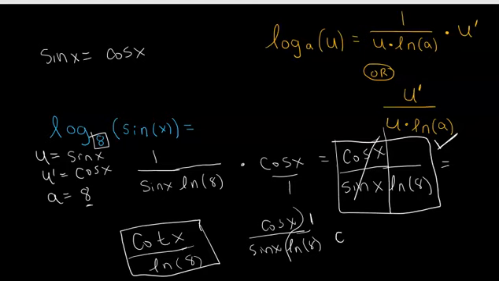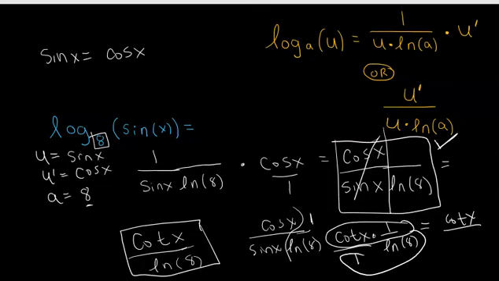If I did cot x times the fraction, I have to put that invisible 1 in the bottom, and then cot goes on top, and then ln 8 goes on the bottom. That's why one is on the bottom over the other. So this is the answer, and this is also the answer.